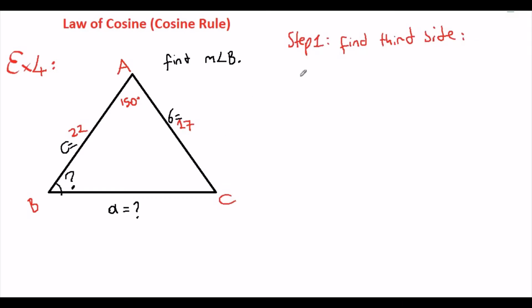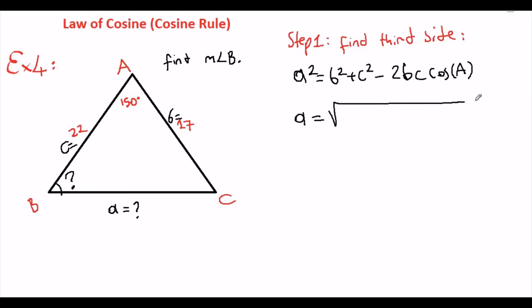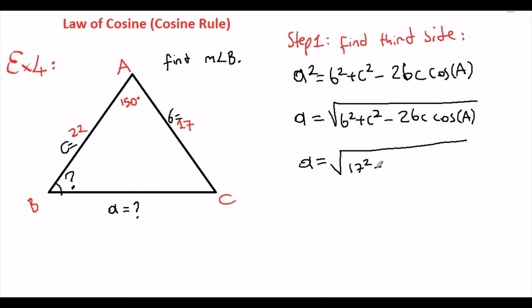We know that missing side A squared is equal to B squared plus C squared minus 2 times BC times cosine of A, according to the law of cosine. So here we have A is equal to the square root of all those numbers. Now we can plug in and the calculator will tell us. Our B value is 17, our C value is 22, and 17 times 22 times cosine of 150.